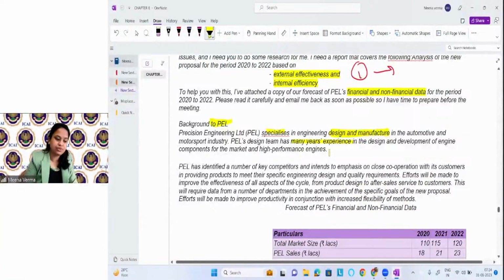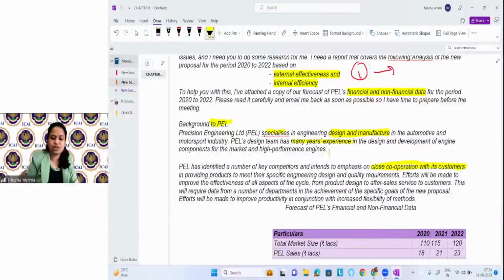PEL has identified a number of key competitors and intends to emphasize close cooperation with the customer. So the company wants to work with the customer, in providing products to meet their specific engineering design and quality requirements.